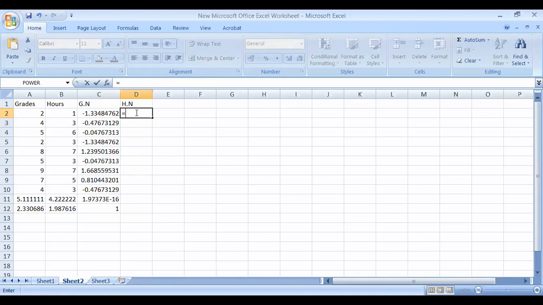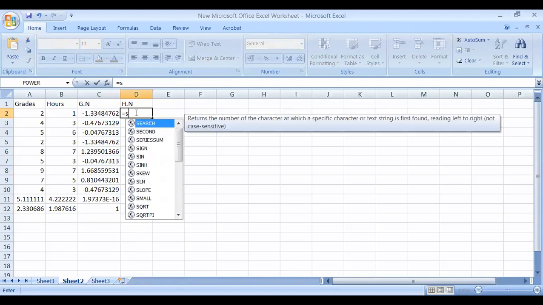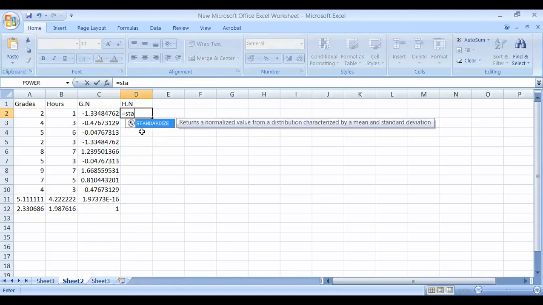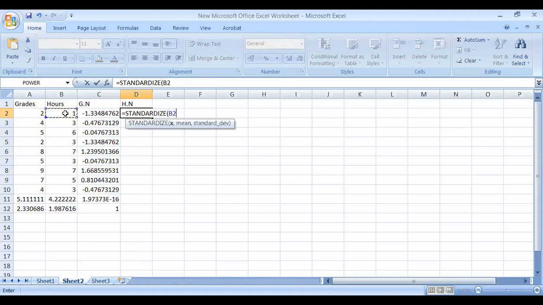To normalize the hours, we will do standardize. And then we have this value, then dollar b, okay, dollar b, and dollar 11.